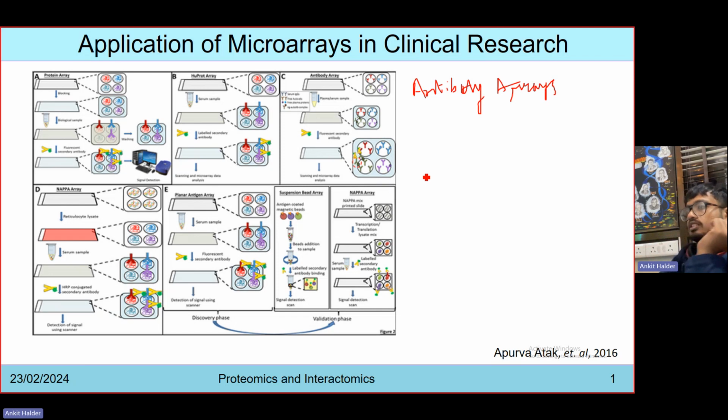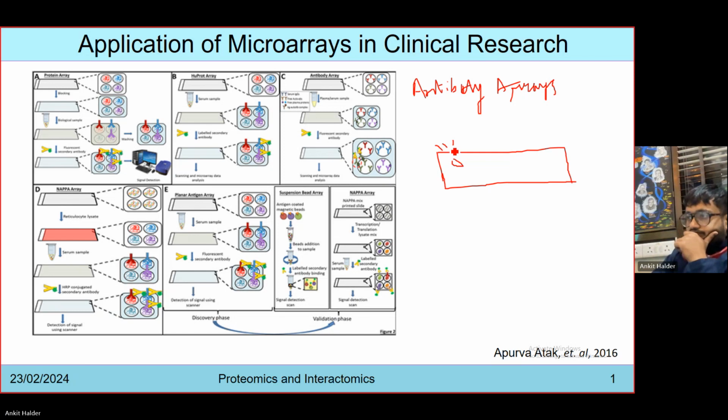So here in this plate, here are the antibodies.